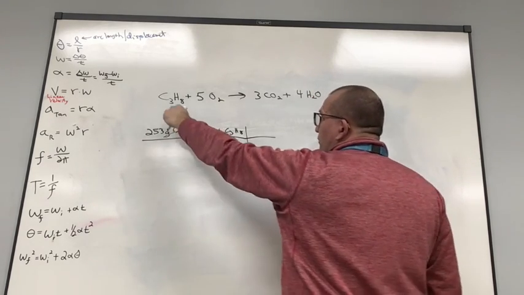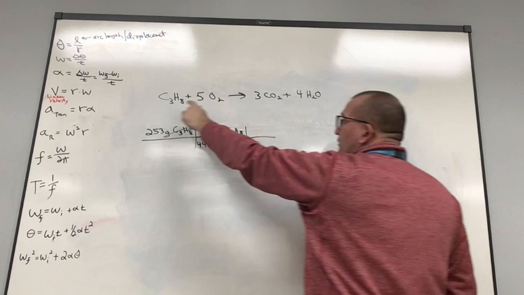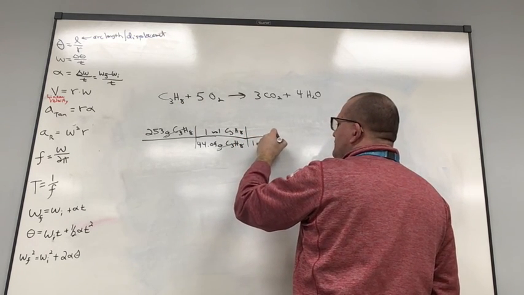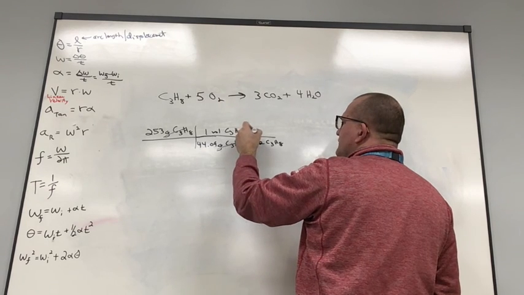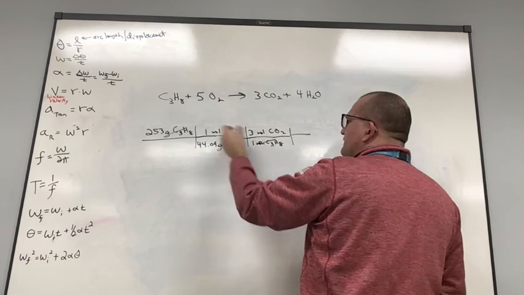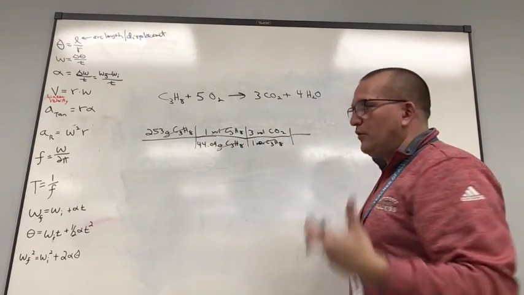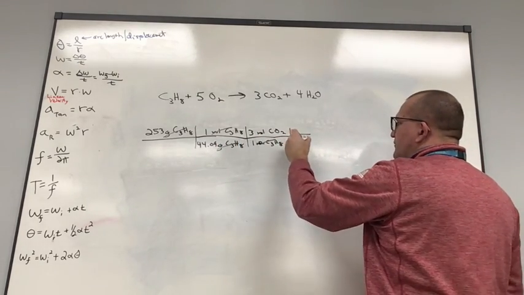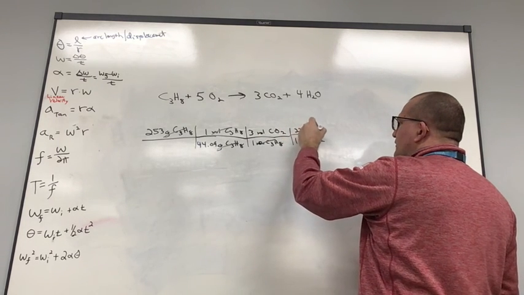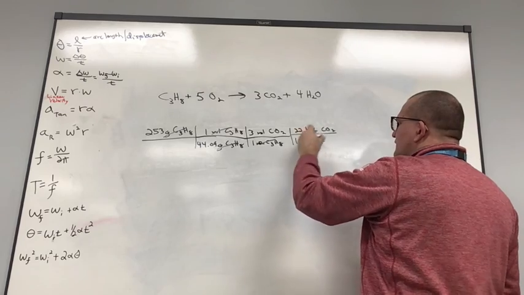Then we do our mole ratio going from here to here. What we start with goes in the bottom, so 1 mole of C3H8 to 3 moles of CO2. And then we're trying to find volume, so we use our molar volume. 1 mole is 22.4 liters, so 1 mole of CO2 is 22.4 liters of CO2.